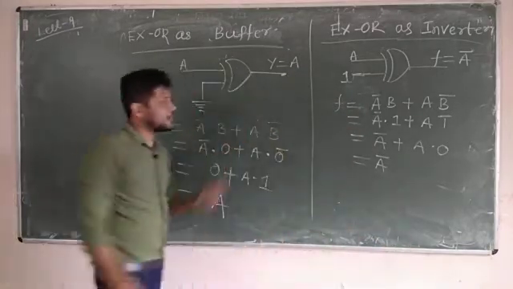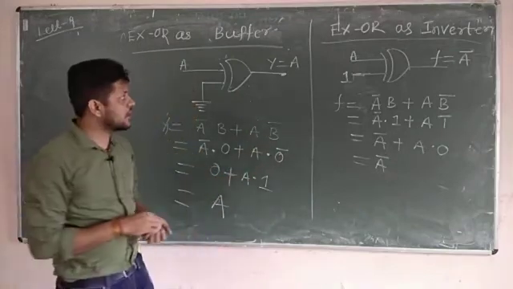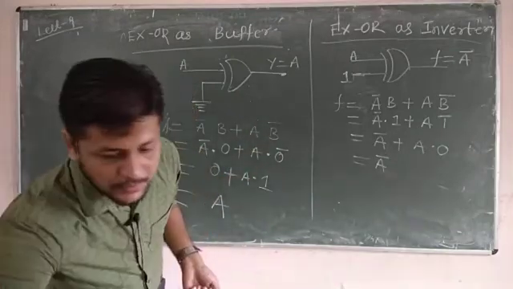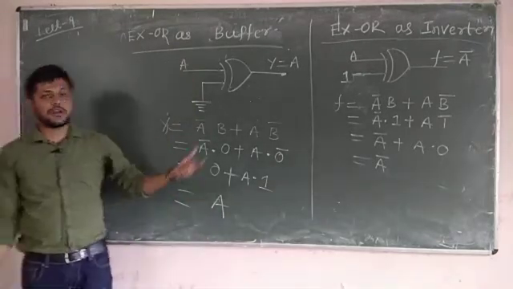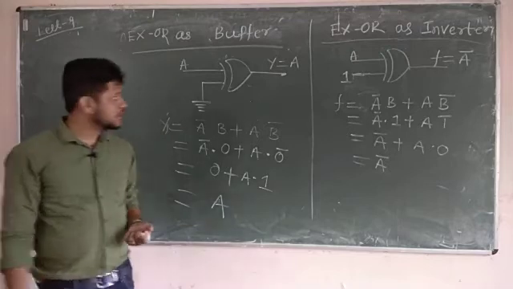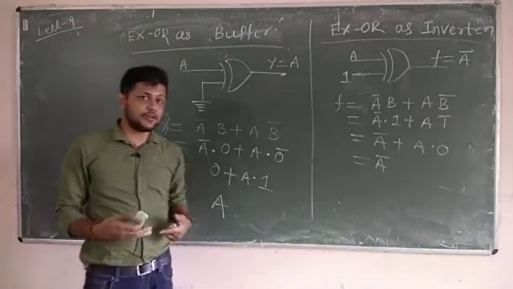This type of question they might ask you in competitive examinations. So keep that in mind, note it down, and see how I am solving this type of problem. You need to practice in order to have command over digital electronics.